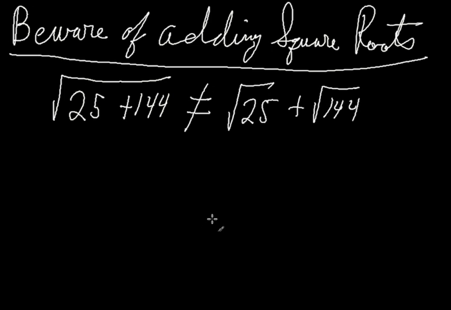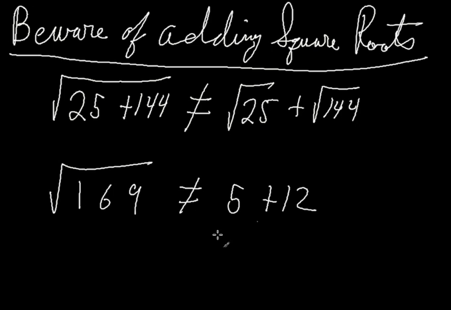Yes, please be cautious of this. For instance, if I add this on the left-hand side, that'd be the square root of 169, which is 13. So 13 does not equal 5 plus 12, which is 17.